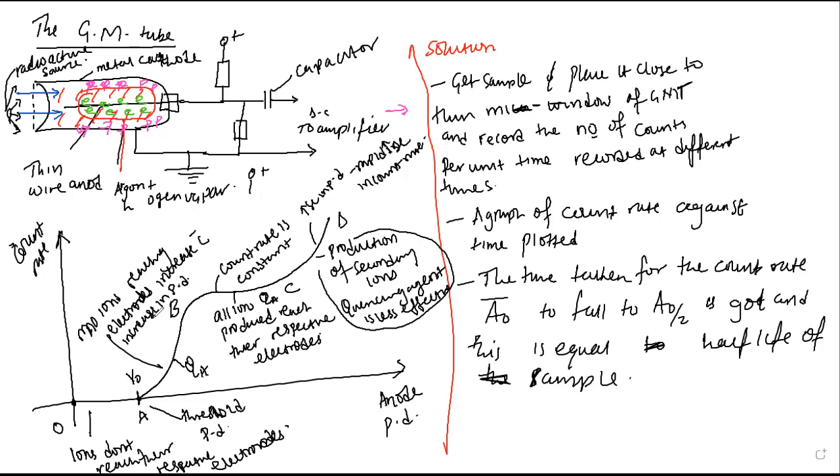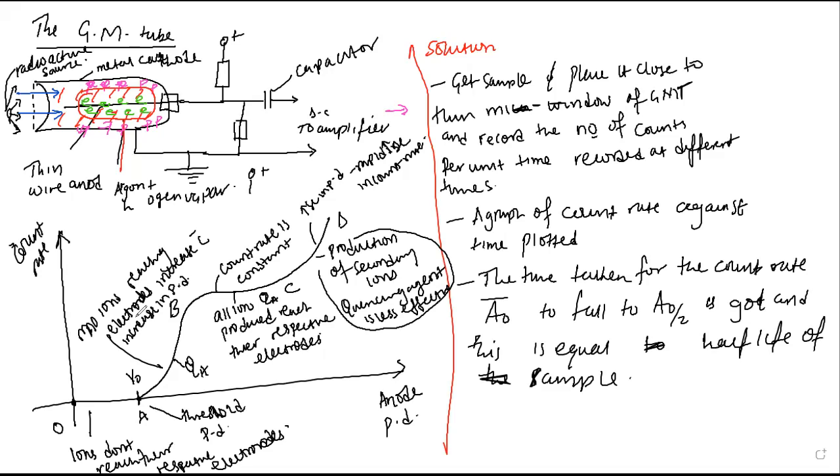And then between B and C, there is a constant count rate being produced. All the ions that are produced are traveling through a PD which is high enough to make sure that all of them reach their respective electrodes. And still, between B and C, there is no secondary ionization experienced as a result of effectiveness of a quenching agent, which is our halogen vapor.